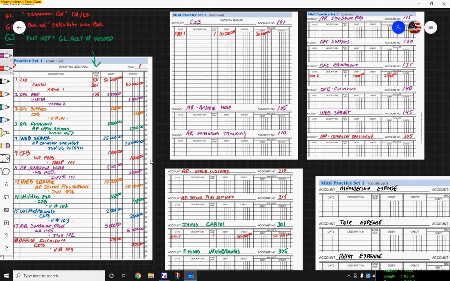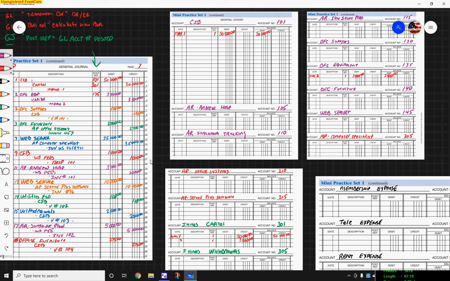Second part was a capital. Go back to your capital again, and we just need to put the day in. So the second came from journal page number 1. It was a $3,500 investment. The previous balance was a credit of $50,000, and we now have an additional $3,500.